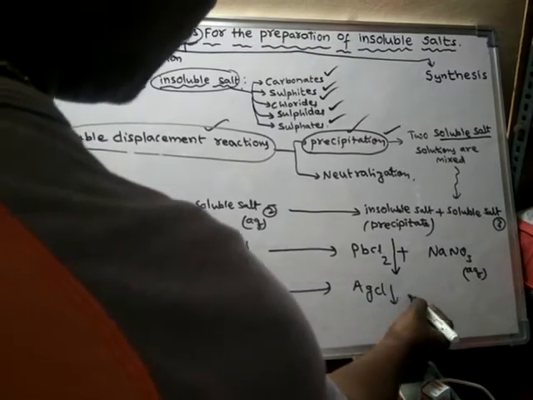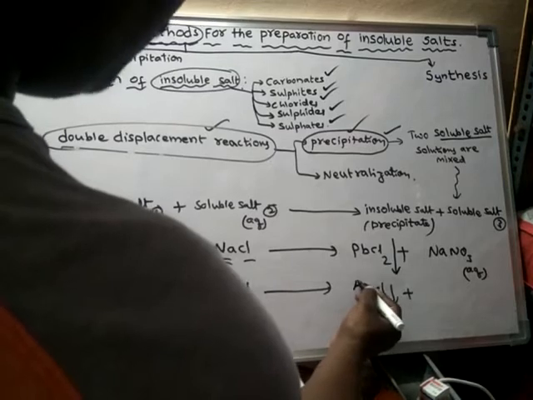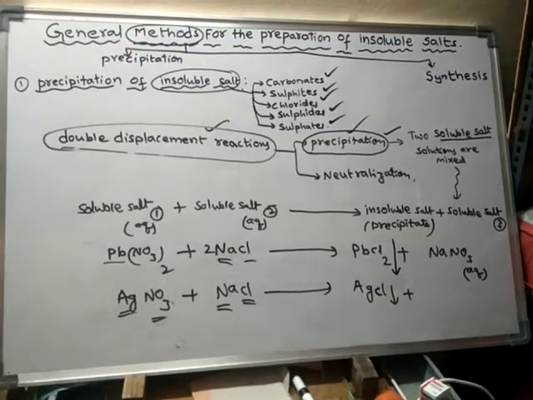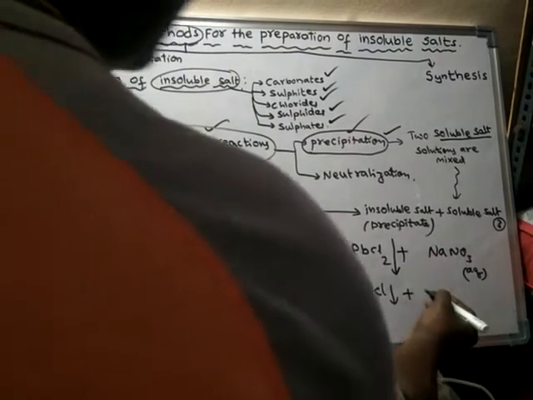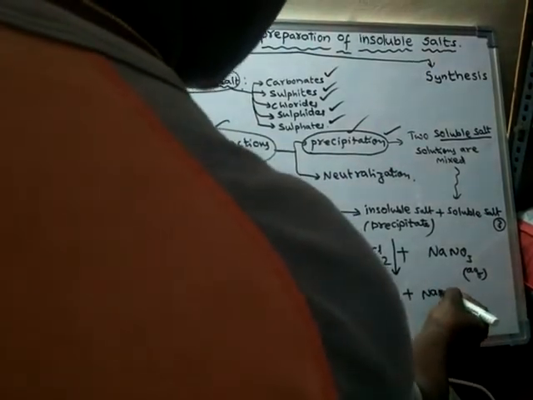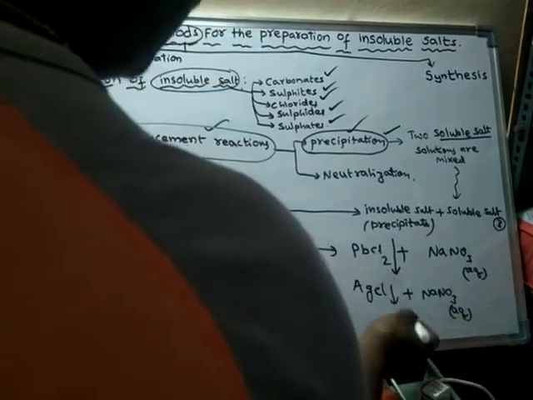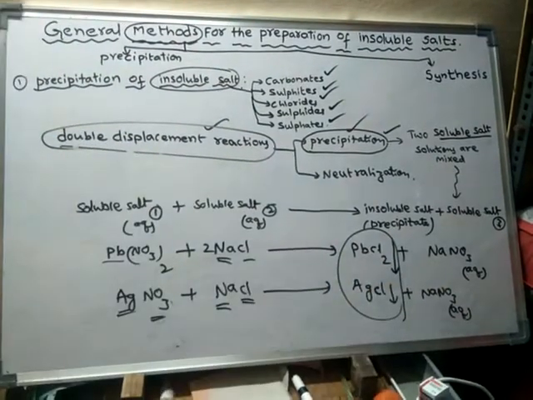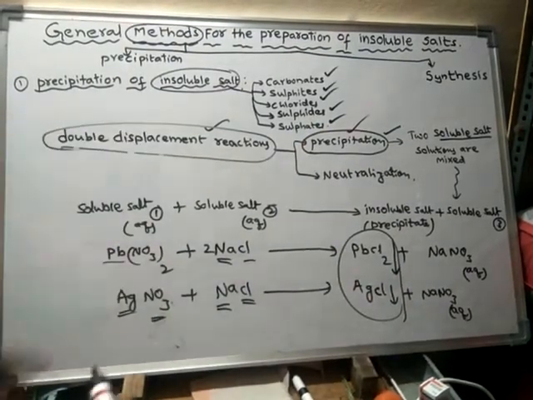It's a white precipitate, a milky curdy precipitate. We generally call it the white precipitate of silver chloride, and sodium nitrate, which is a soluble salt, is formed. So in this way, we can prepare insoluble chloride salts by the method of precipitation.